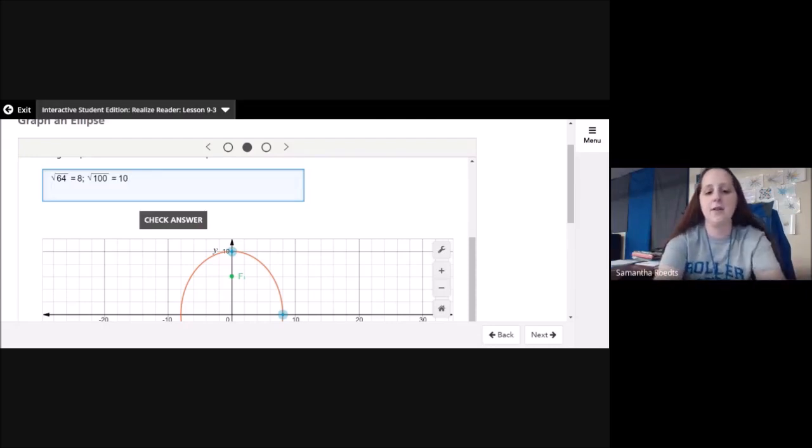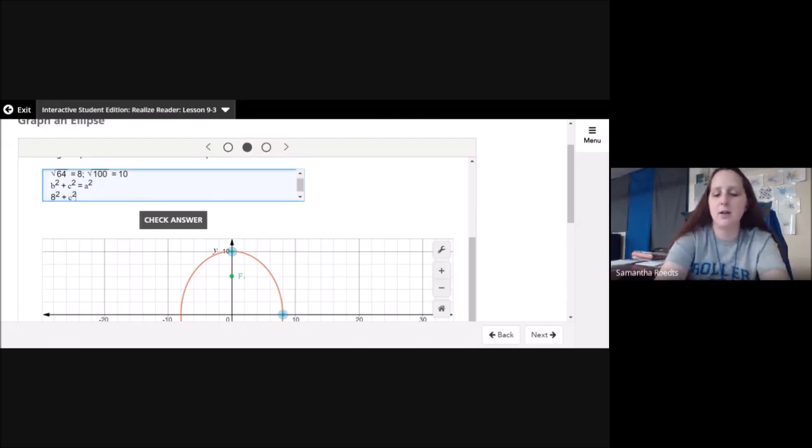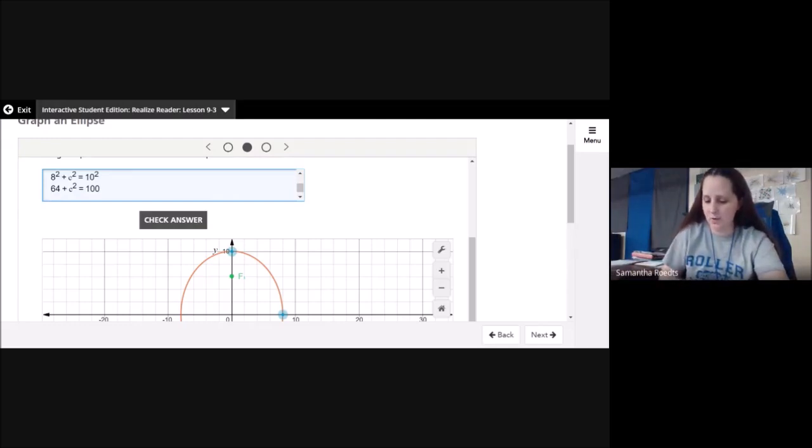So if I have b squared plus c squared equals a squared, well, b is 8, so 8 squared plus c squared equals 10 squared. So that's 64 plus c squared equals 100. So 100 minus 64 is 36. c squared equals 36.